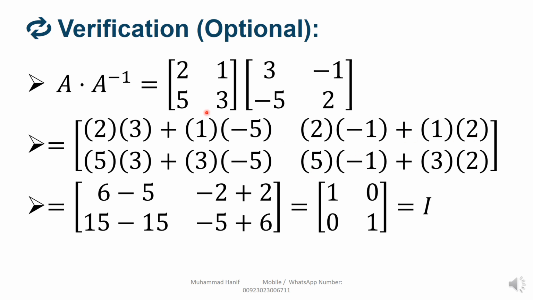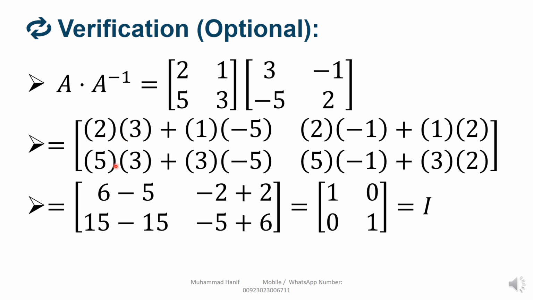Same process: 5 multiplied by minus 1, plus 3 multiplied by 2. Now we simplify.